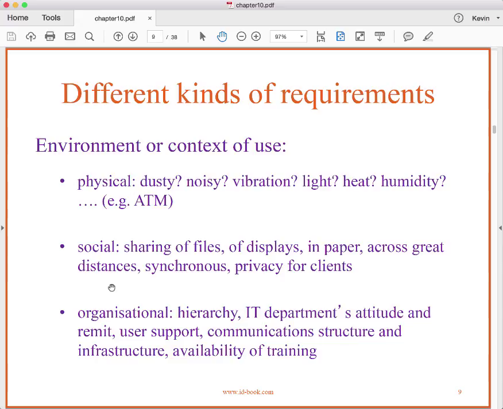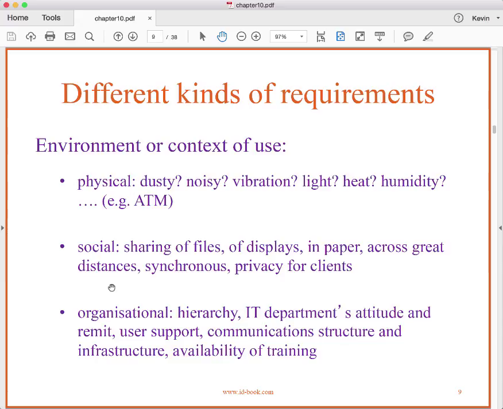So what kind of things do we mean by environment or context? Well, we have the physical environment. Is it dusty, noisy, wet, hot, humid? Not so much whether there are people, because that gets down to social. Social: are there people around?